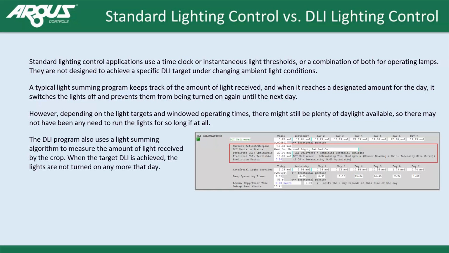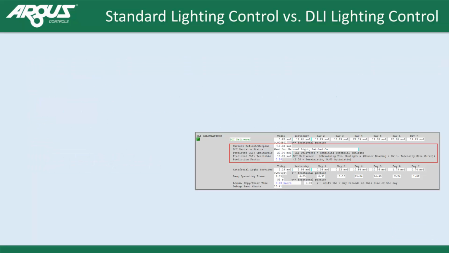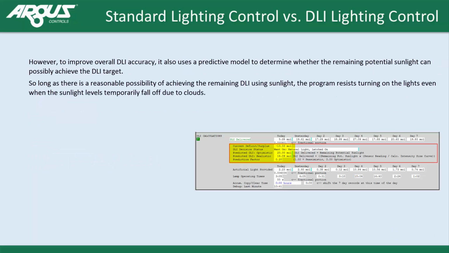The DLI program also uses a light summing algorithm to measure the amount of light received by the crop. When the target DLI is achieved, the lights are not turned on anymore that day. However, to improve overall DLI accuracy, it also uses a predictive model to determine whether the remaining potential sunlight can possibly achieve the DLI target.